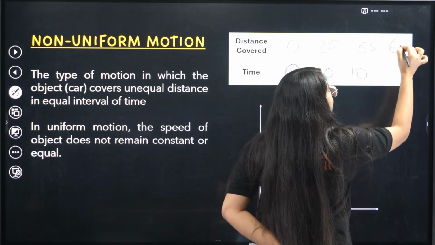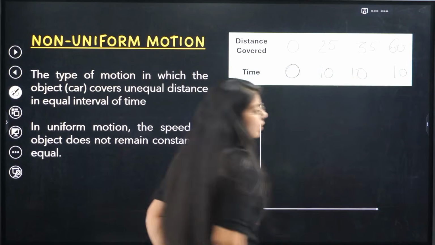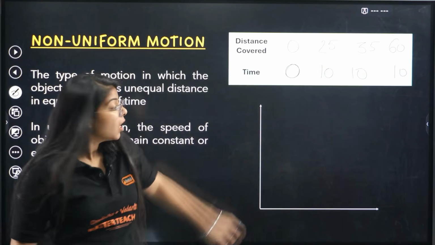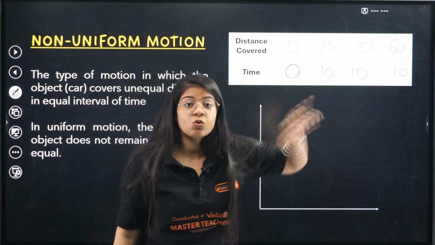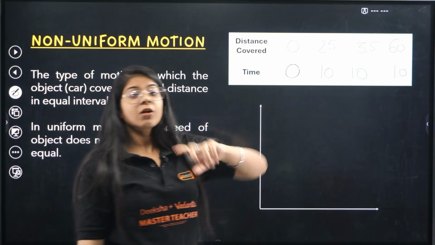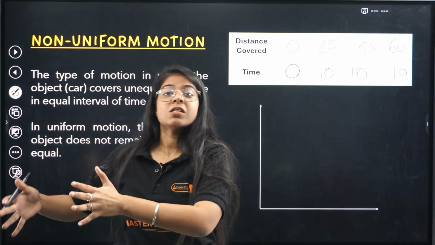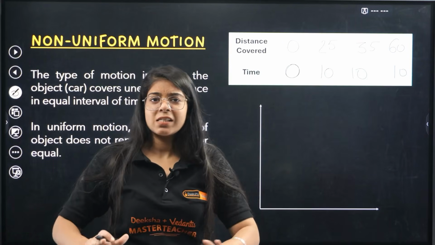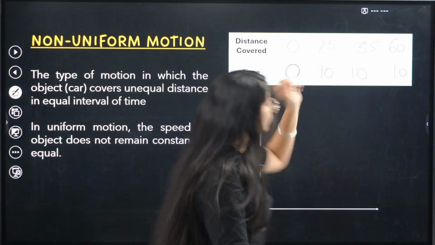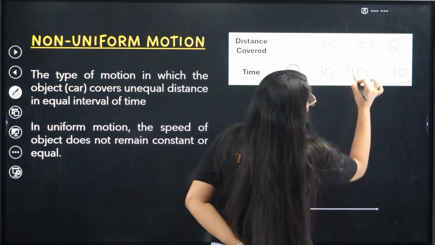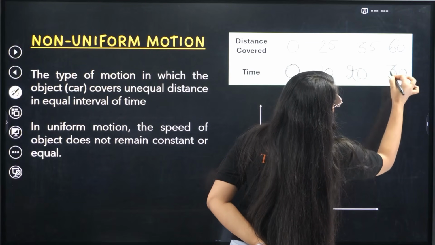Then it directly went to 60 in another 10 seconds. Understood? So the time is still the same. It is still taking 10 seconds to go from one house to another. But now the houses are not at equal distances. They are different distances away. First is 25 meters, 35 and 60. So you have to write time as 20 seconds and 30 seconds.